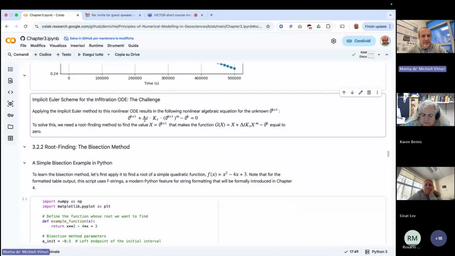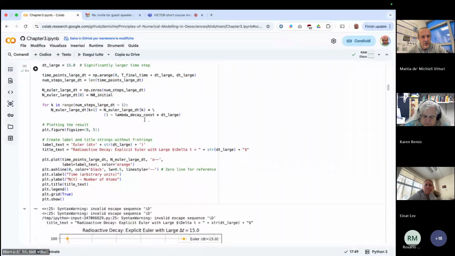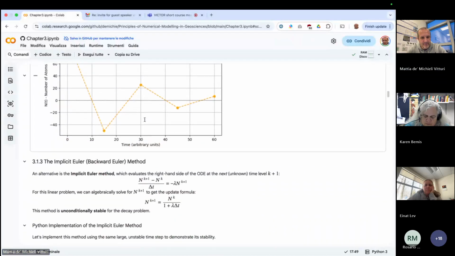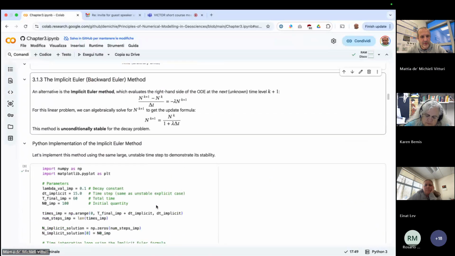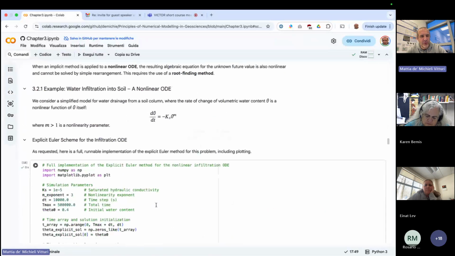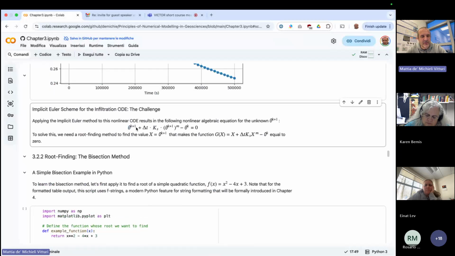So in the previous case, if you remember, we could collect the terms and then write the new values in this way. Now we have a non-linear equation, and so we cannot write explicitly the new value, which is theta at the time k plus 1, as a function of the old value.